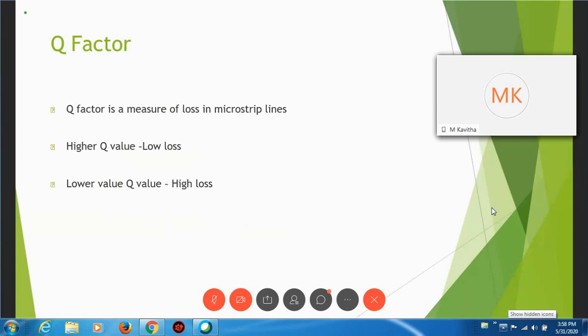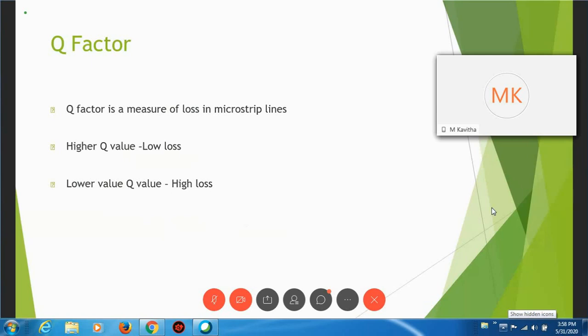When calculating the quality factor, we need to take all the losses into consideration: the quality factor due to conductor loss, the quality factor considering dielectric loss, and the quality factor considering radiation loss.